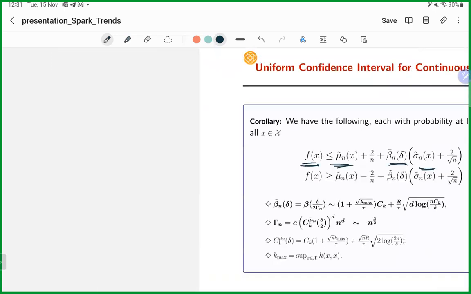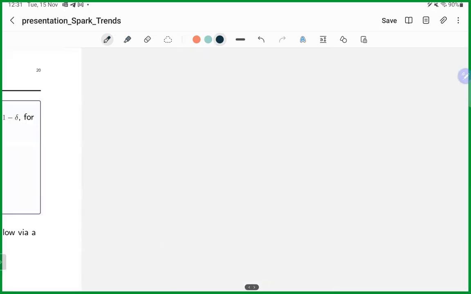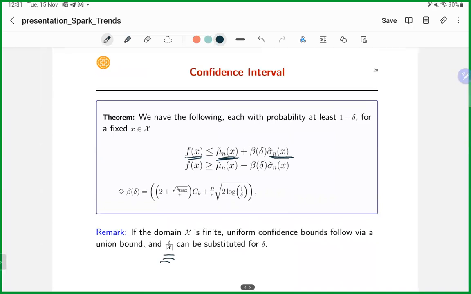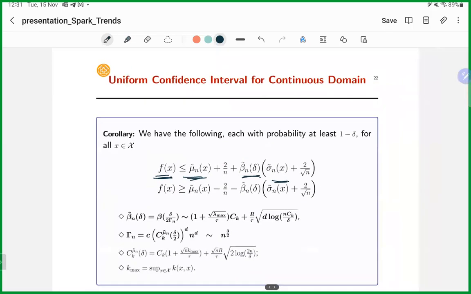Yeah, that's a very good point, actually. That's a very nice point. If you look at these two terms, for this beta delta, we pretty much preserve what we had without the extension.